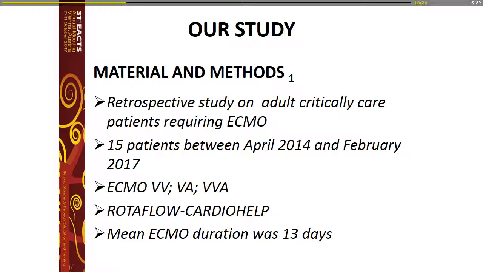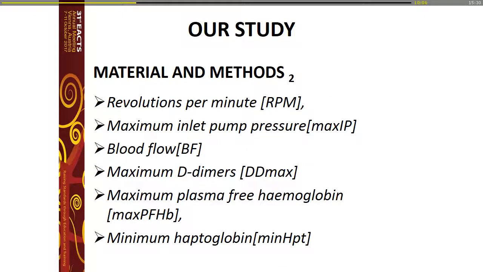The types of ECMO were, for 10 patients, ECMO VV, for 3 patients ECMO VA, and for 2 patients ECMO VVA. The types of pump were Rotoflow and CardioHelp, and the average ECMO duration was 13 days.